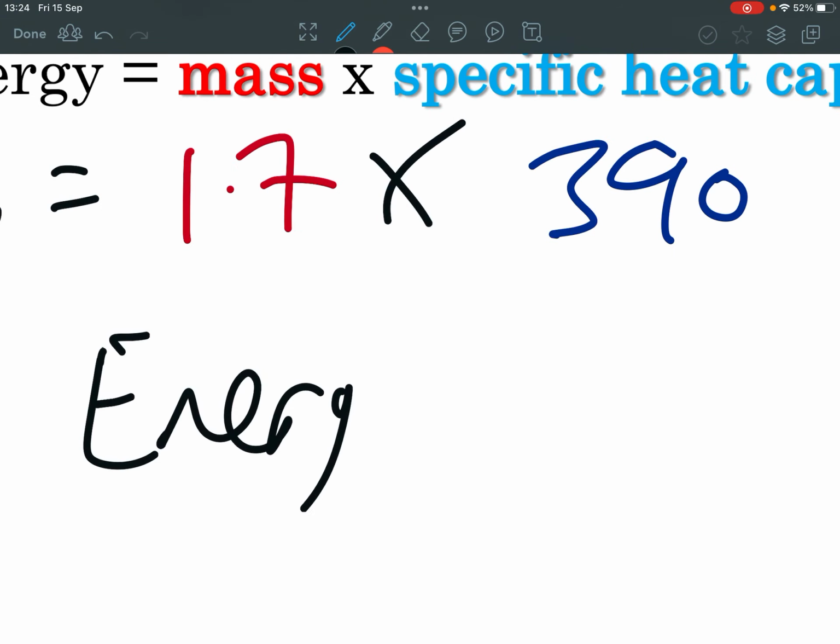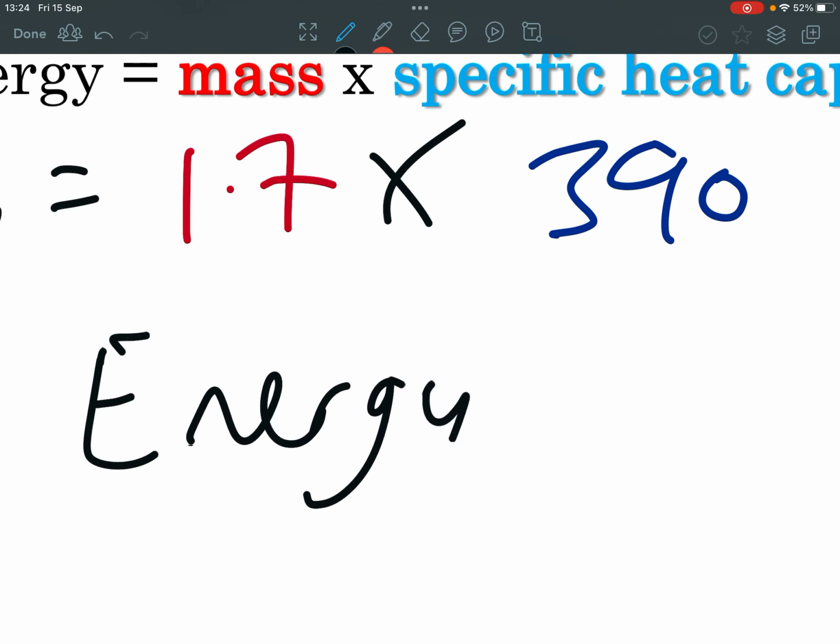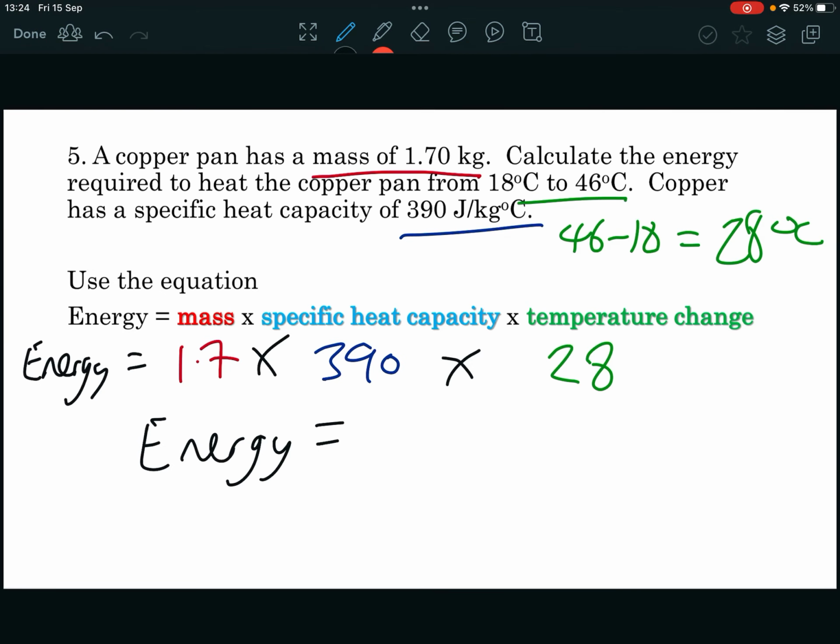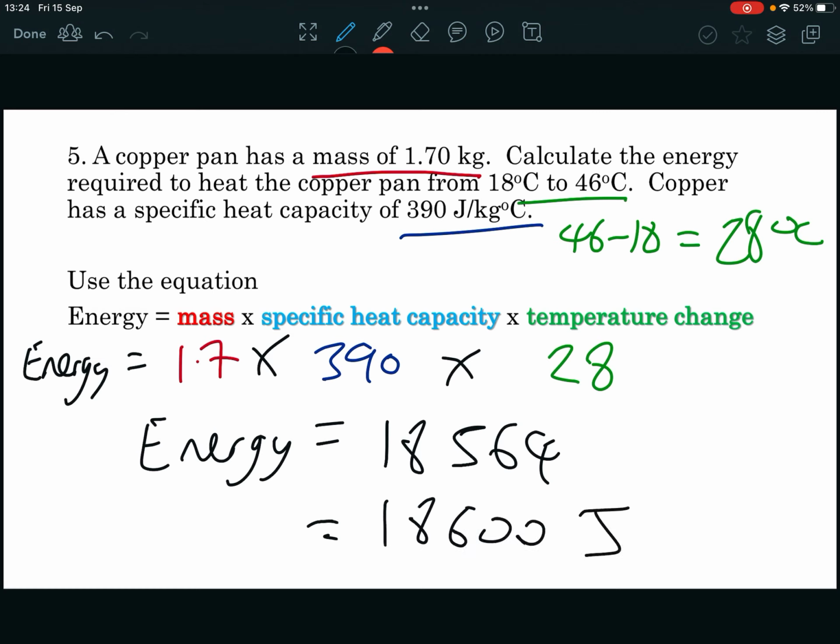So if you do 1.7, energy is going to equal 1.7 times 390 times 28. Putting that into your calculator, you get an answer of 18,564. Now I can round that up to be 18,600 joules. Either one of these numbers is okay.